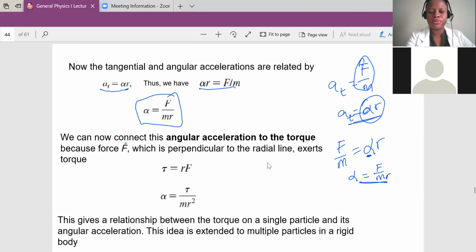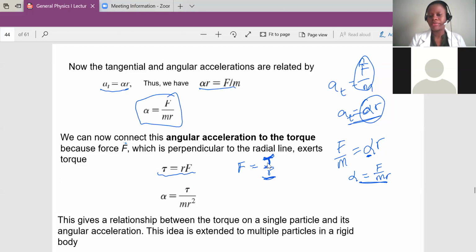So if we have seen the relationship of torque to be this, let us make the force the subject of the formula in this case. Force therefore will give us tau over r, not T, torque, tau.